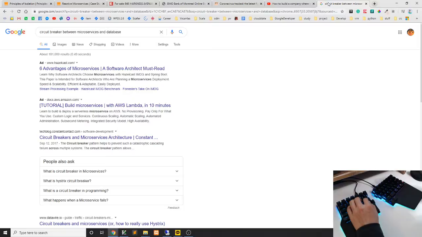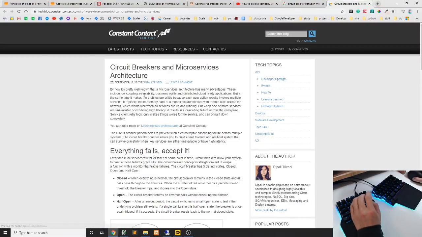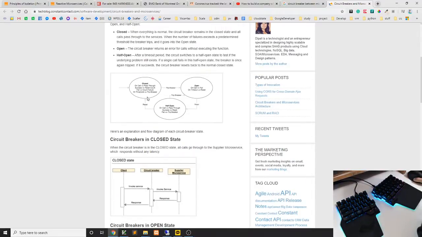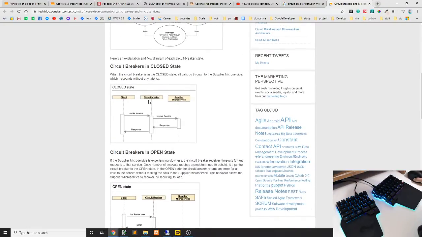The circuit breaker pattern helps in the microservice architecture. When the circuit breaker is in closed state, all calls go through to the supplier microservice.